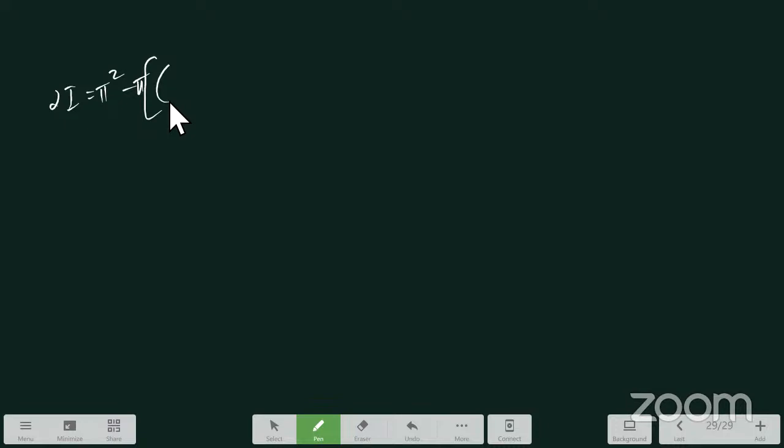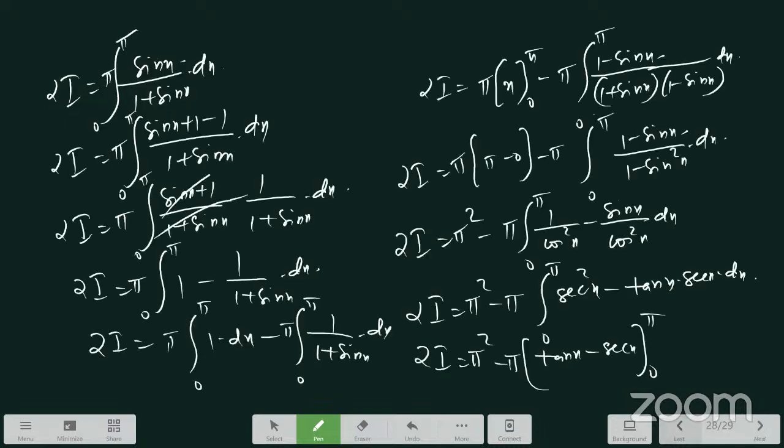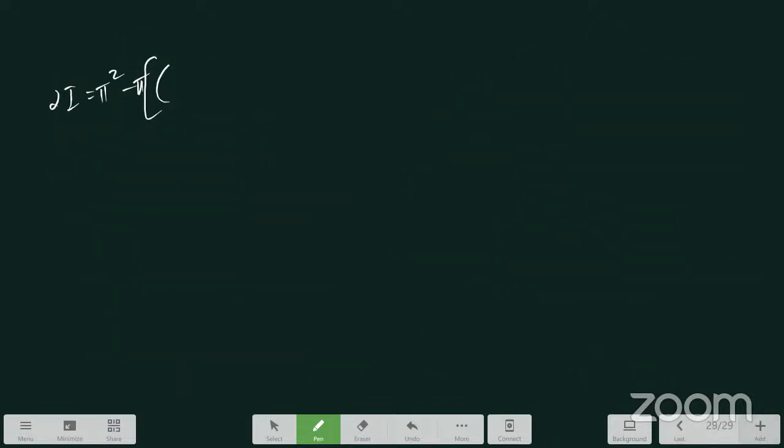What was your complete upper limit? Tan x, tan pi minus secant pi, minus tan 0 minus secant 0.